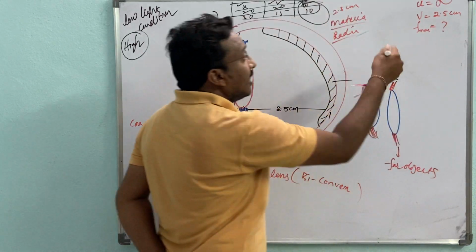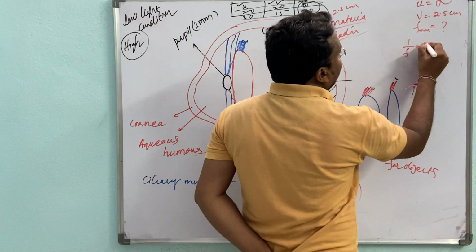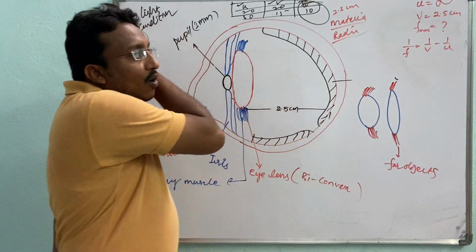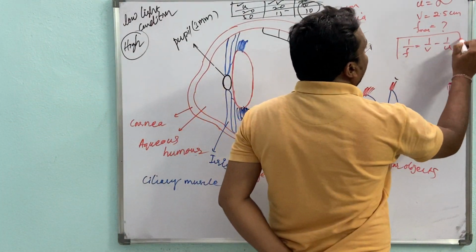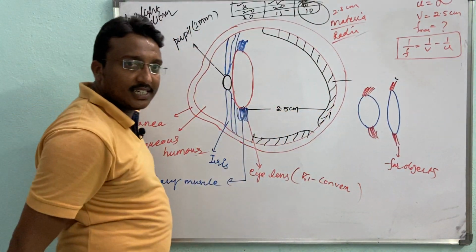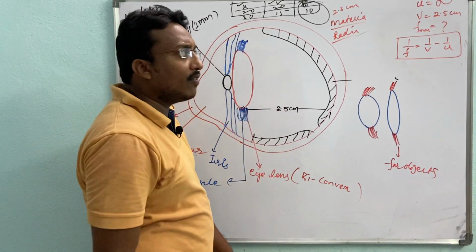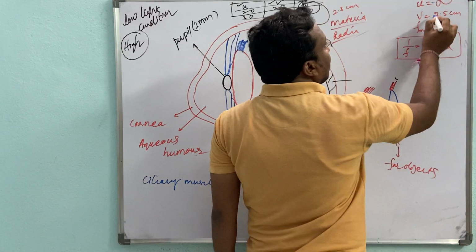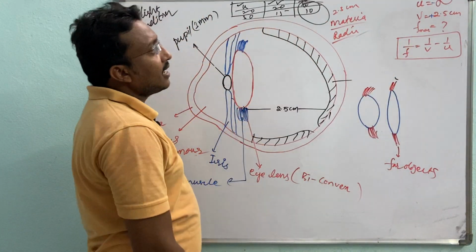Maximum means how much? That we are going to find. Which principle do we have to use? The lens formula, 1/f = 1/v - 1/u. While using this lens formula, we have to follow the sign convention. This is a biconvex lens. Object distance is negative, image distance is positive. How can you say, sir?